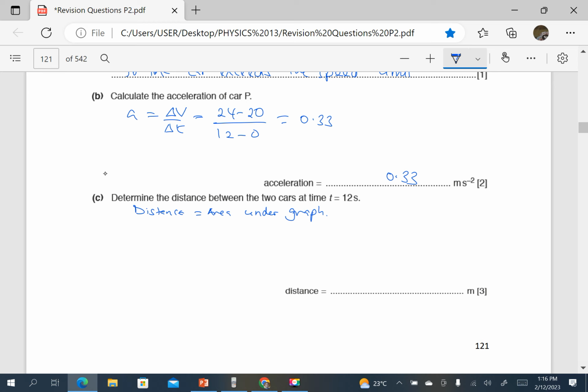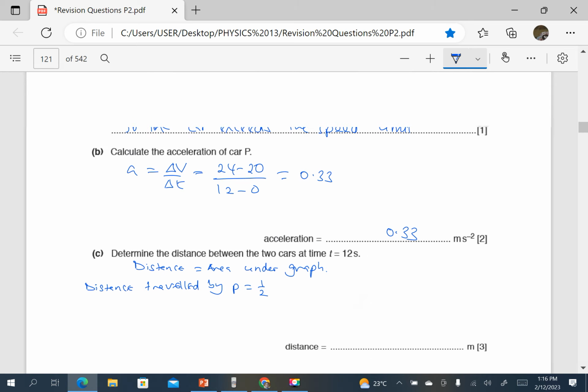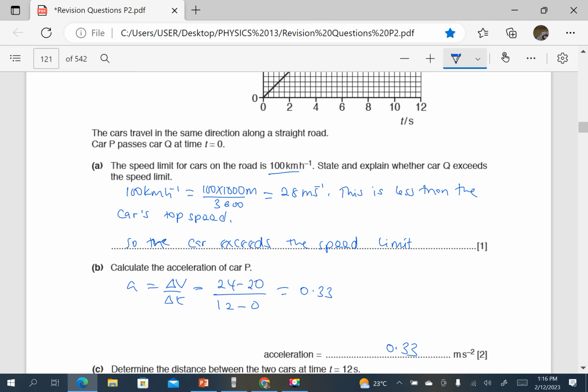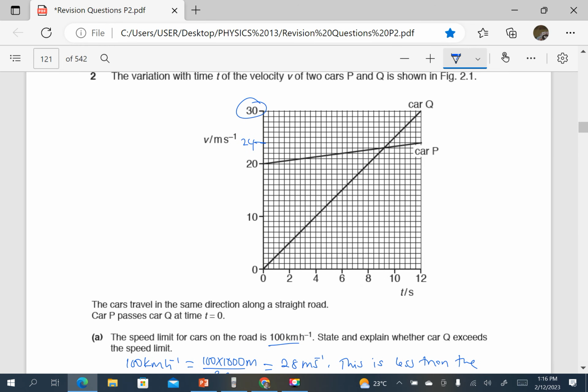So the distance traveled by P is going to be a half. I'll just take it as a trapezium for P. It is the area under this part of the graph.